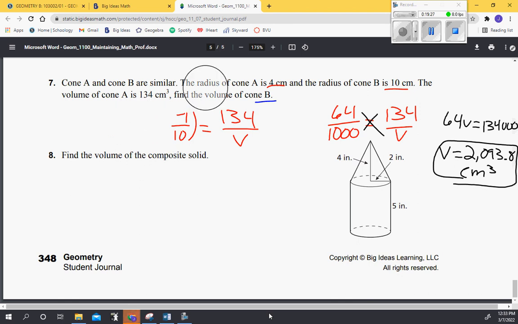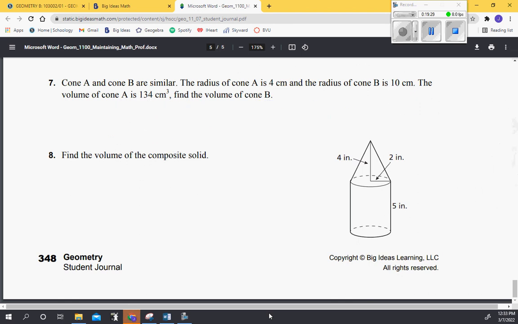Last problem. It says find the volume of the composite solid. These composite solids, what we do is we break it up into two shapes. Let's start with just the cylinder. Remember, volume of this is just pi r squared times height.